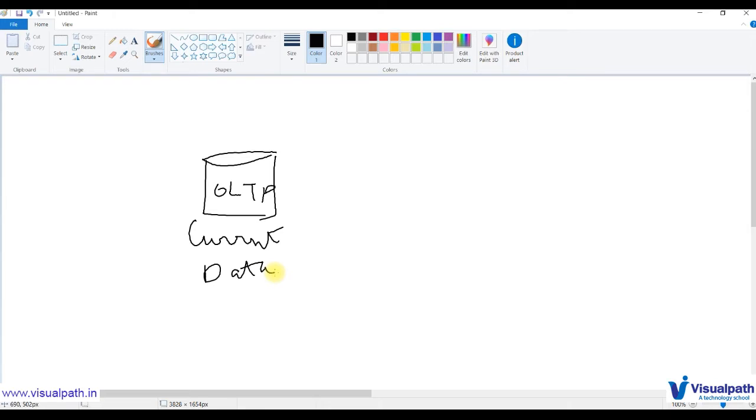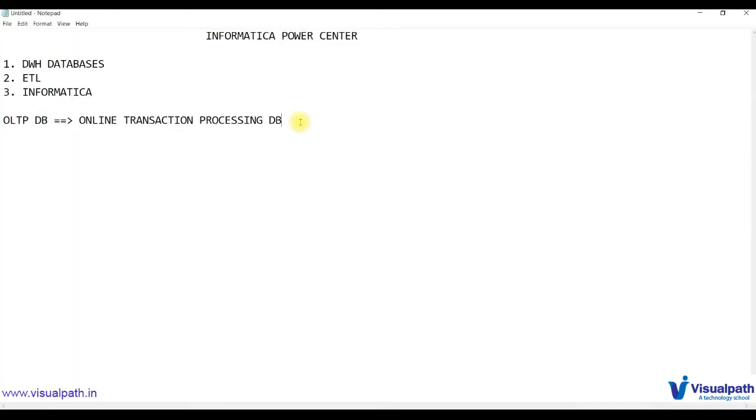So now here we have one concept which helps us understand until when the data in my OLTP will be current. In real time, when you work in a particular project, your data will be loaded from your OLTP database to somewhere else.